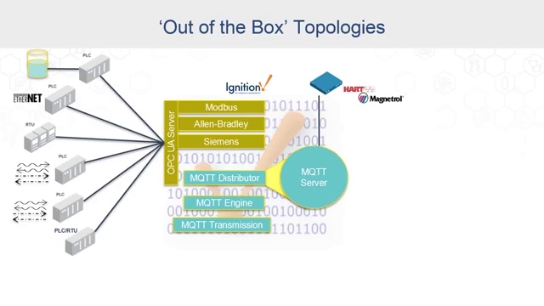But we've been working with Magnetrol, and Magnetrol have an edge of network device that lets us connect using the HART protocol, convert all of the tag information, and then be able to publish that to an MQTT server. Engine subscribes to that, and 500 tags worth of very valuable information all of a sudden show up natively within Ignition.